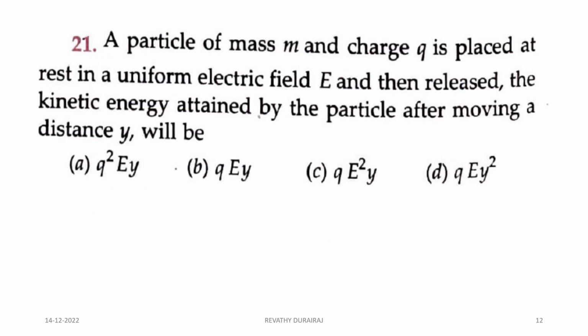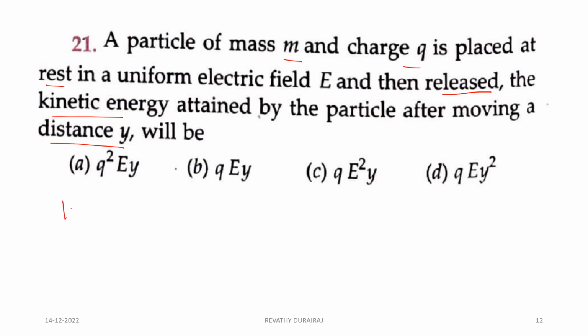A charged particle of mass m, charge q, is placed initially at rest in the uniform electric field and then released. And it gains kinetic energy and started to move. And at distance y, what is the kinetic energy we have to find out.